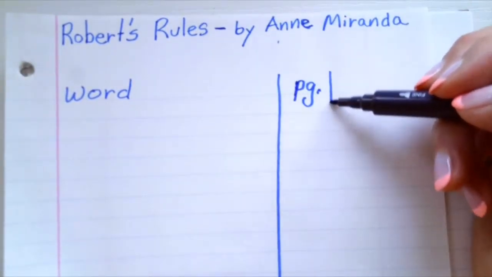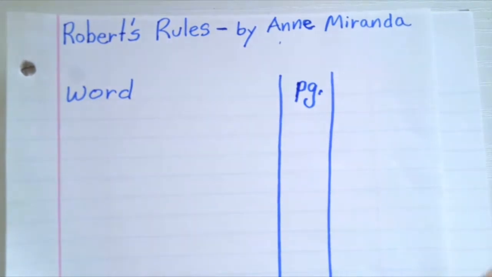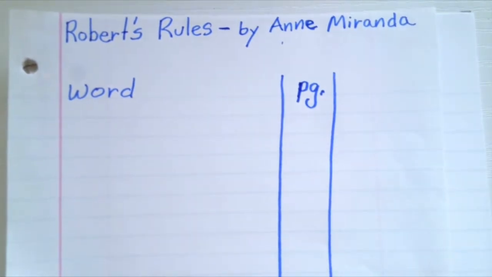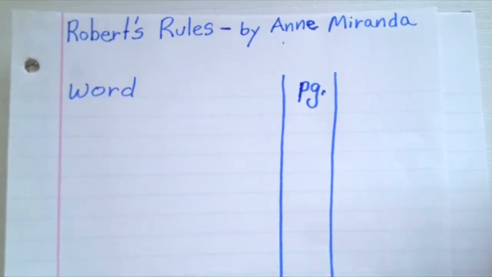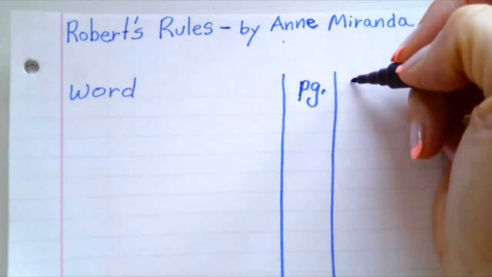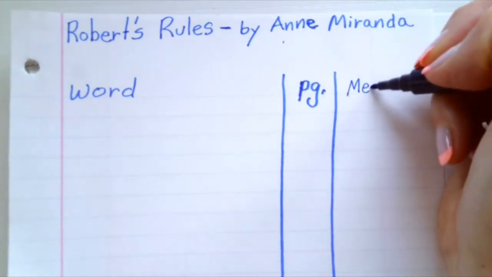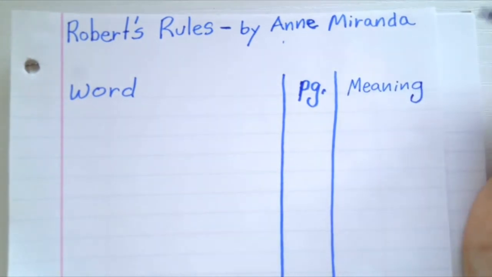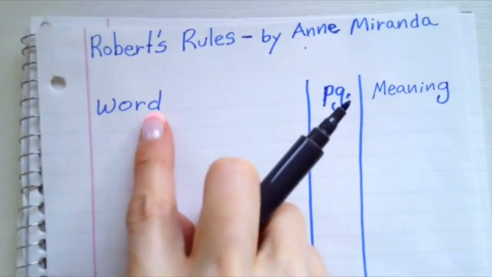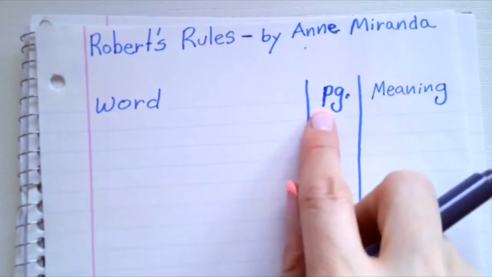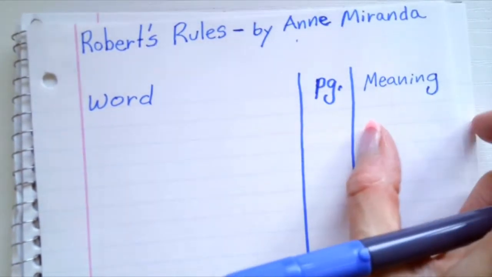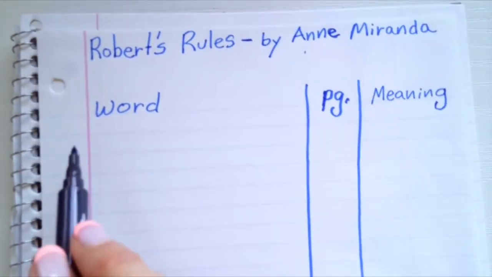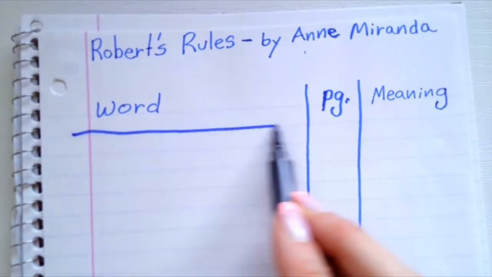I want another line on the other side where it says page. And then over here, I'm going to write the word meaning. So it says word with lots of room, page with a little bit of room, and meaning with just some room.